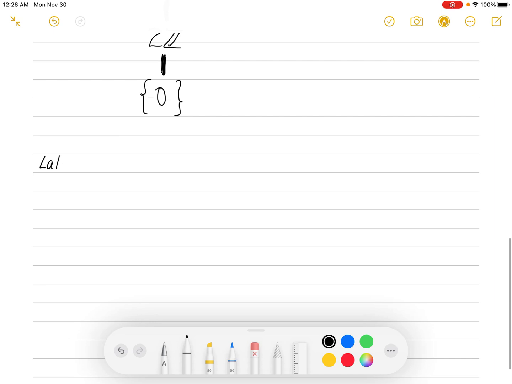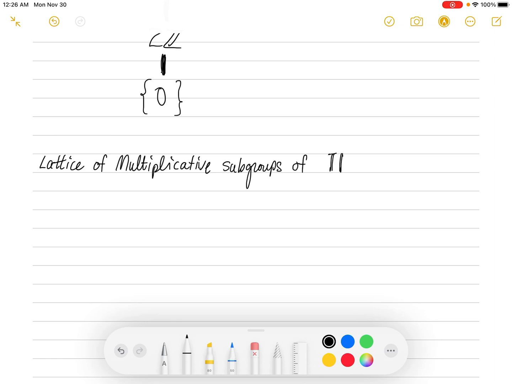Let me do a lattice of multiplicative subgroups of H star.